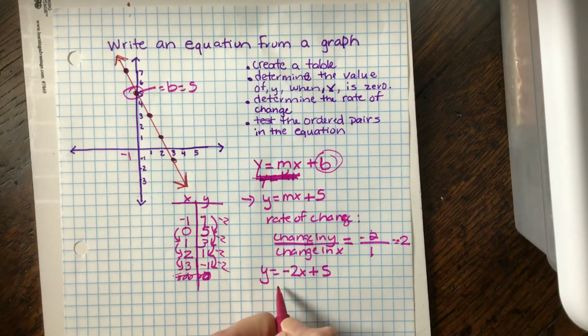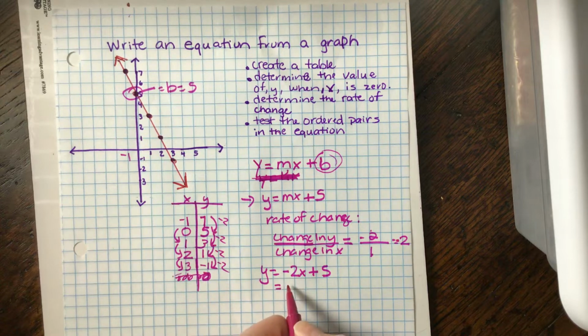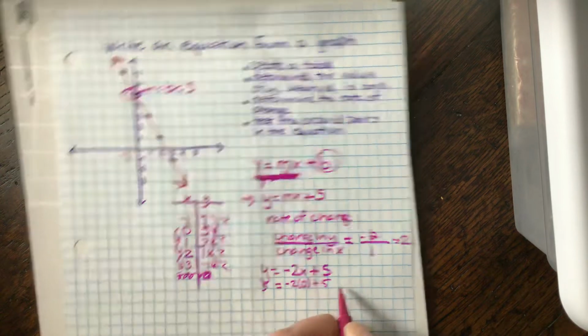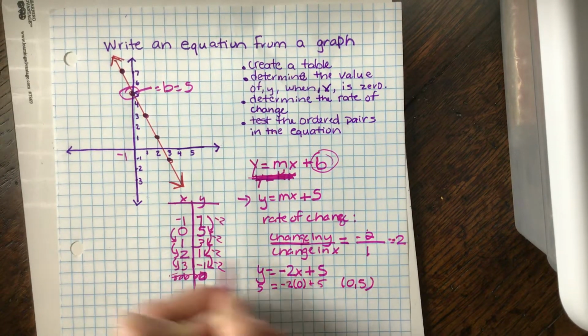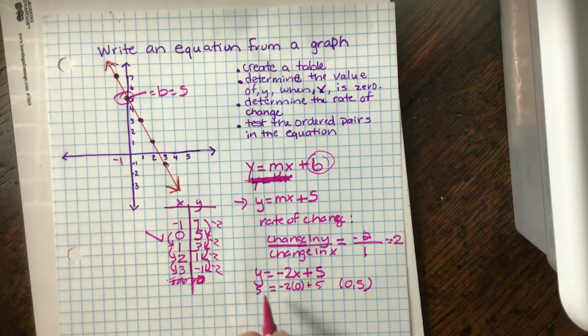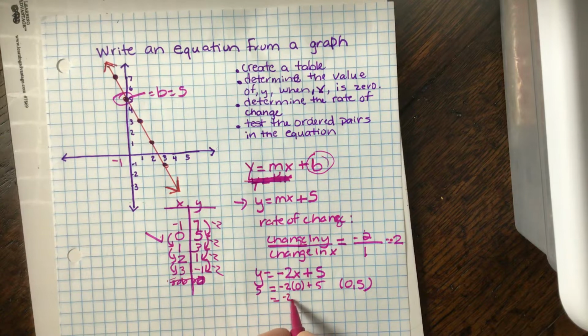I'm going to let x be 0. When x is 0, y is 5. So there's the ordered pair 0, 5, which checks off. Now I'll let x be 1. That's negative 2 plus 5, so y is 3.